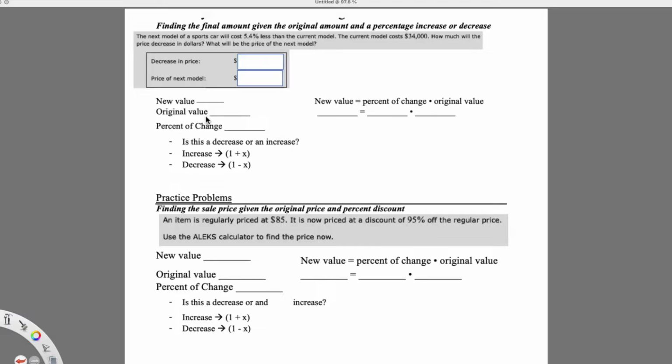And then percent of change, remember this is a little tricky because of the wording. I'm not asking you specifically what percent did it change by, like what was the decrease or increase as far as like 20% off or something like that. Percent of change has to do with taking the 100% of the original item, whatever the cost was, and either adding a percentage to increase it or subtracting a percentage from 100.